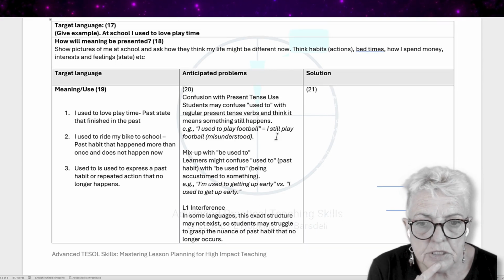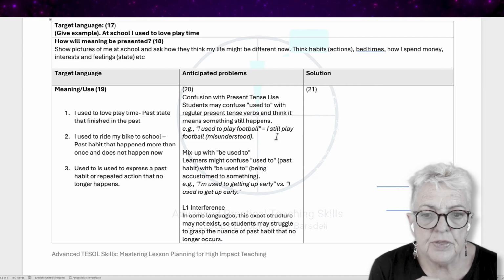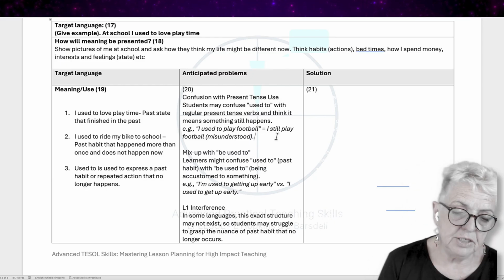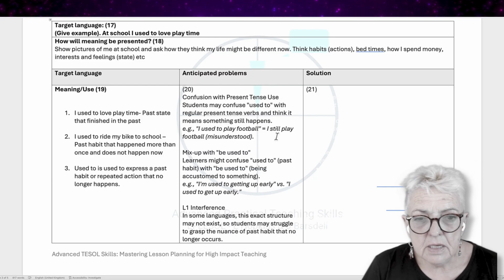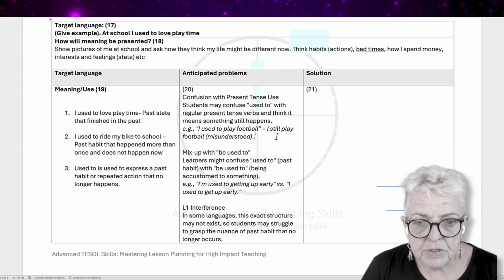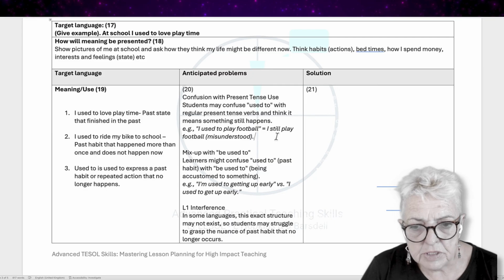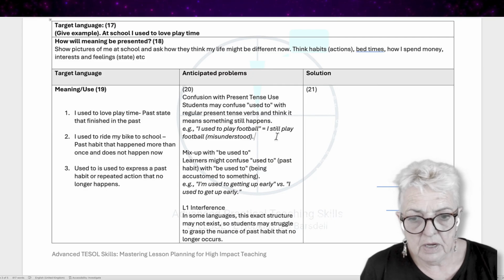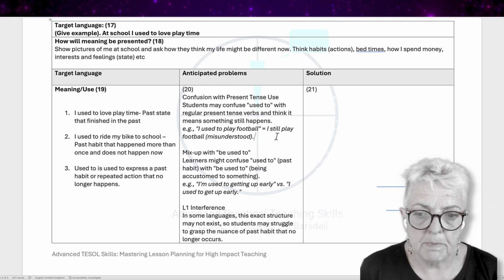Okay, so students may confuse used to with regular present tense verbs and think it means something that still happens. I used to play football, and they think I still play football. So a potential area of confusion. Some of the more slightly higher level students may be mixing it up with be used to. I am used to living in my hometown now.